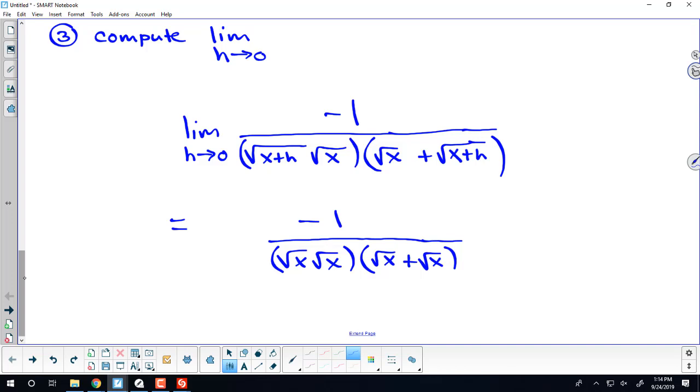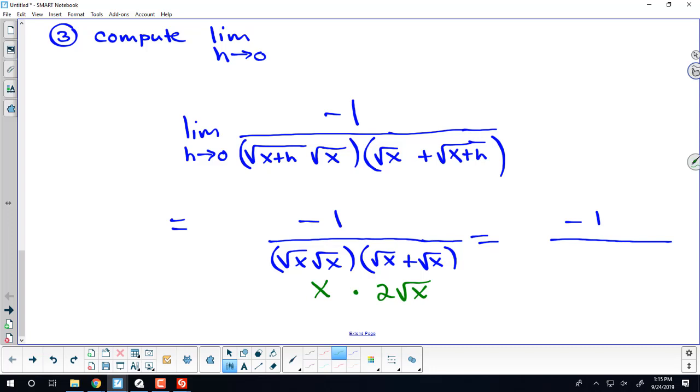So what does that turn into? This is x, and this is 2 root x.